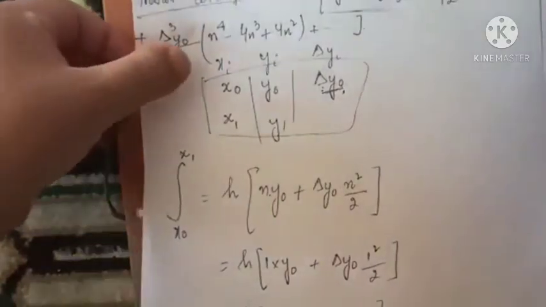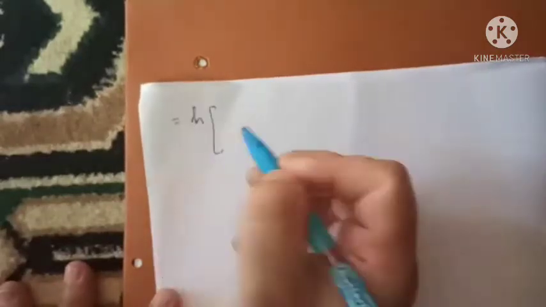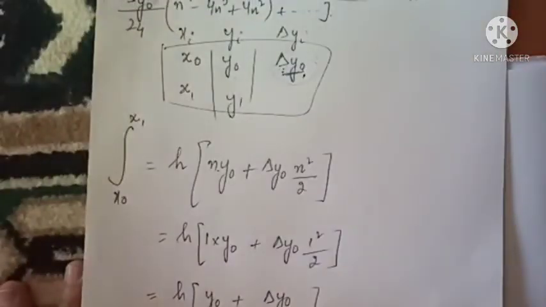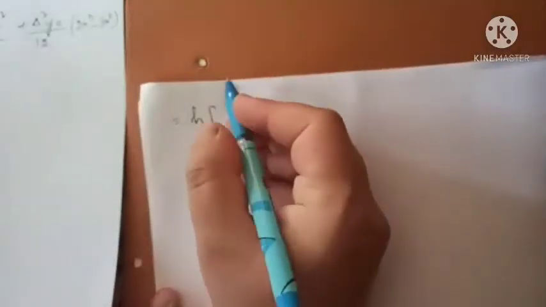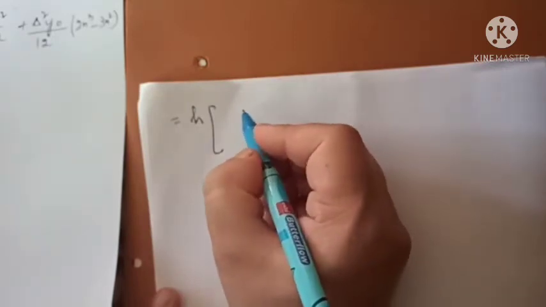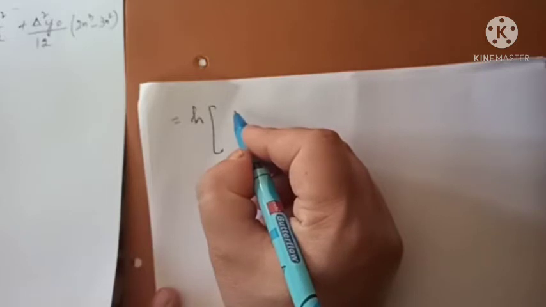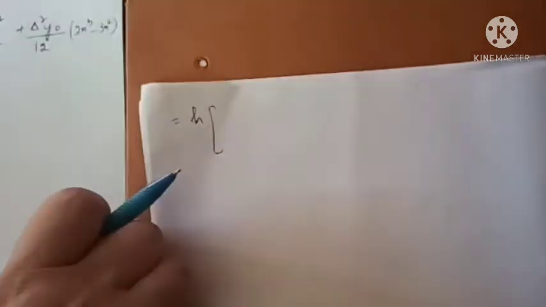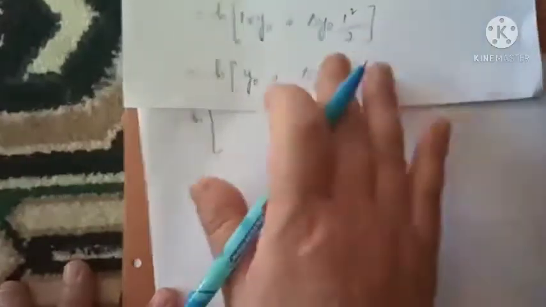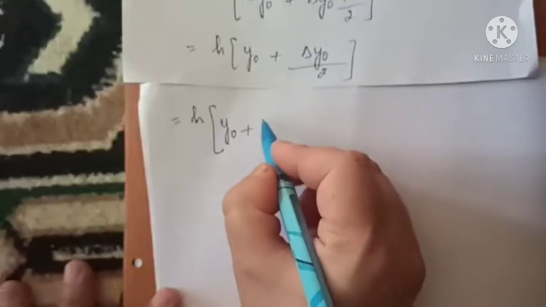Now see, let us not do it like that. Firstly we will write y0, and what is delta y0 equal to?